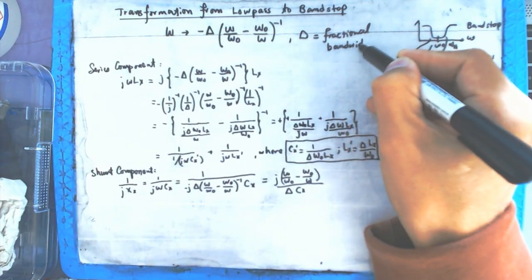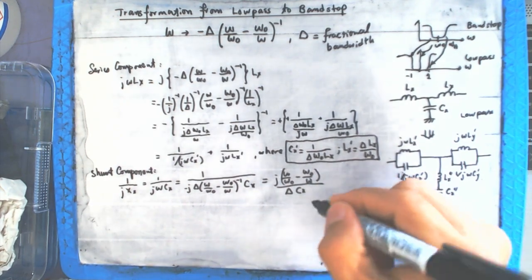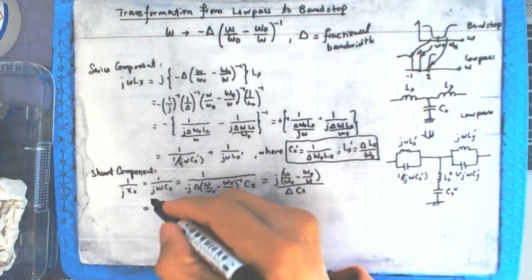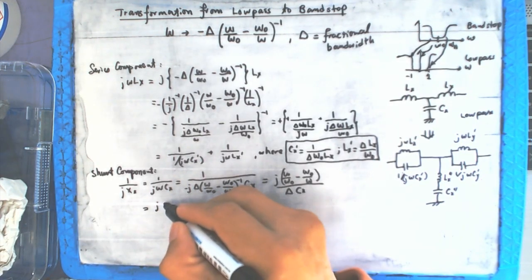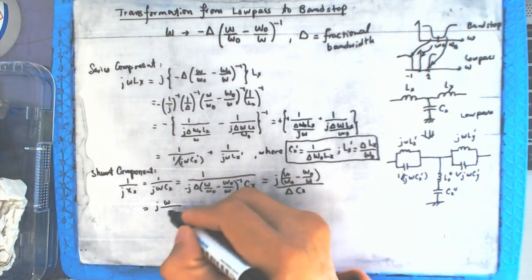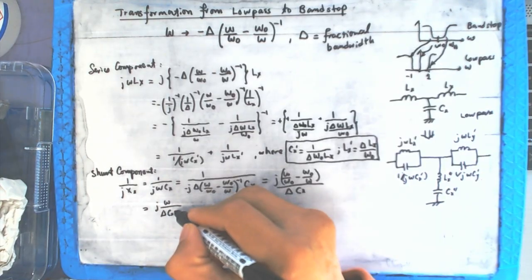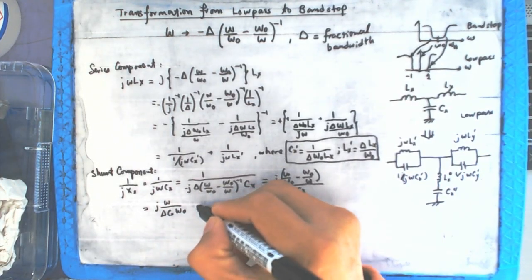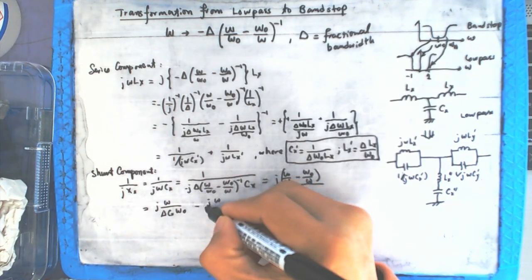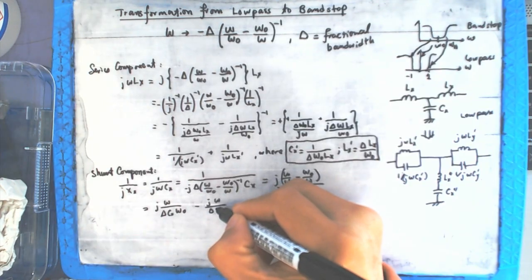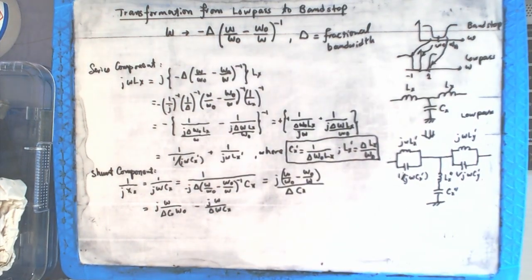So you can continue with this process. You will get j omega delta Cx over omega naught, and then the second term j omega delta Cx over omega. So it's very clear now.